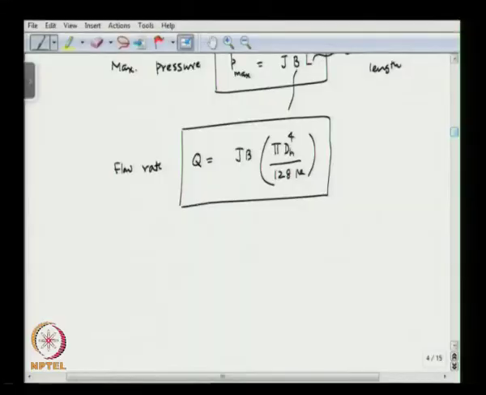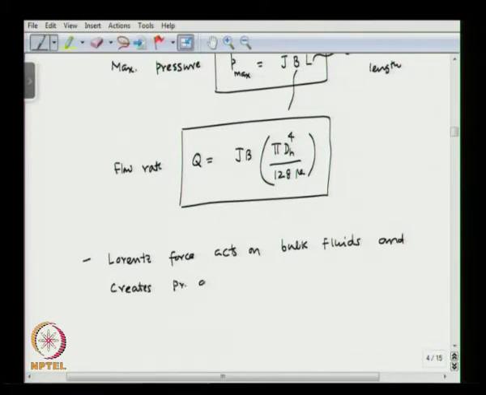So the Lorentz force acts on bulk fluids and creates a pressure gradient.